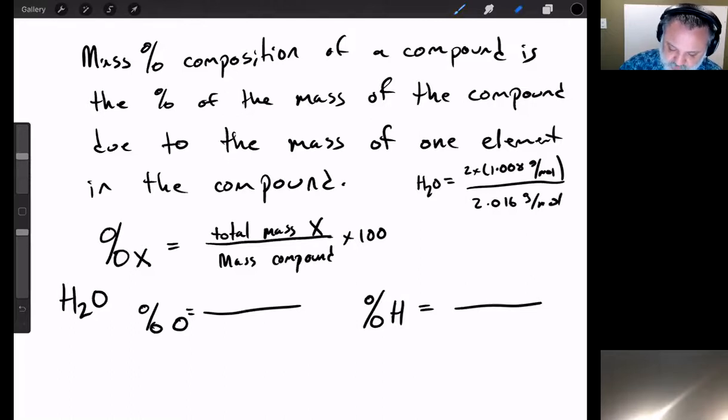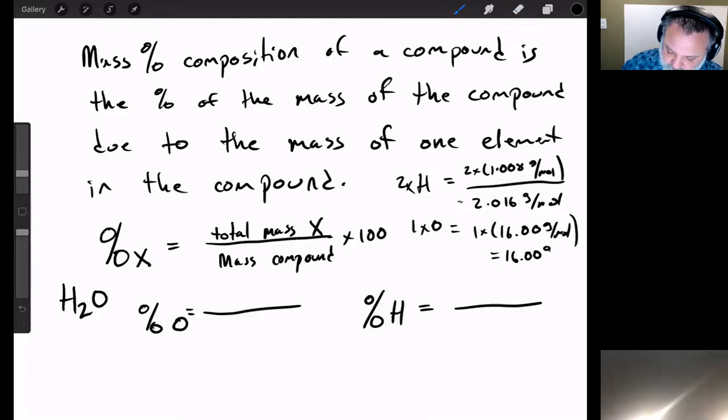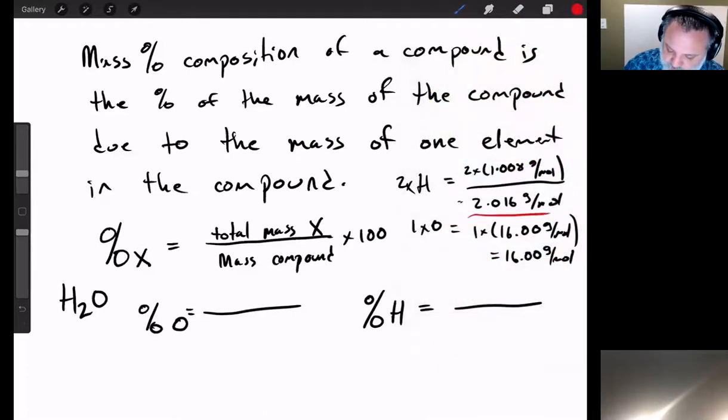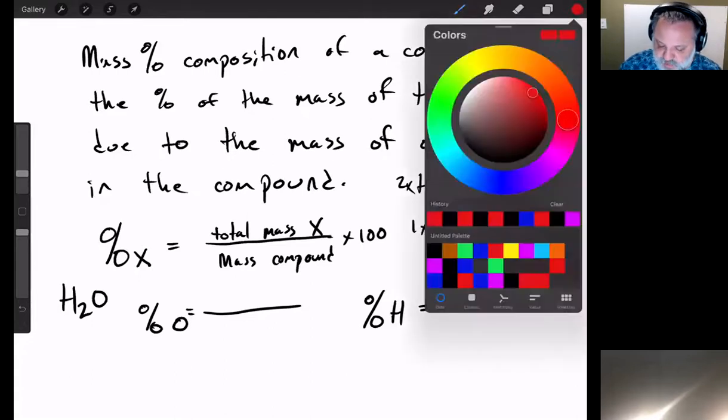And so let's make this be just hydrogens. So 2 times hydrogens, and 1 times oxygen was 1 times 16.00 grams per mole. That got us 16.00 grams per mole. So here is the total mass of hydrogen, and here is the total mass of oxygen.